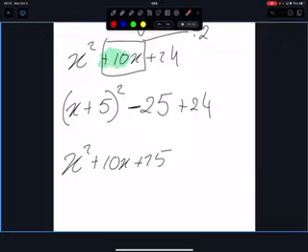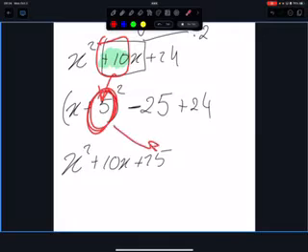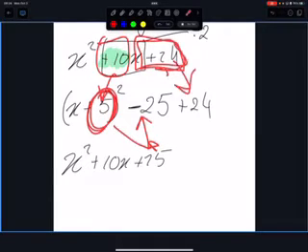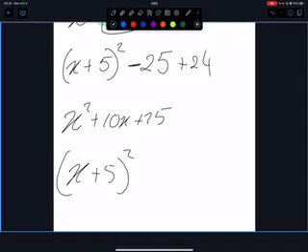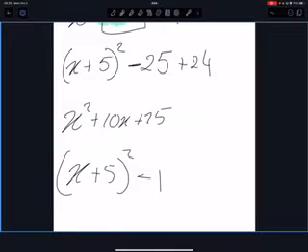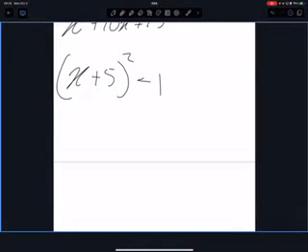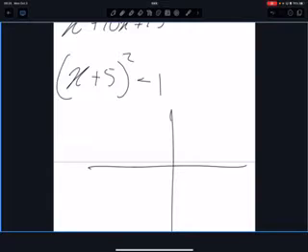They're all the same thing. Completing the square: divide by 2, subtract the squared, add the thing that is left. Bam. What does it become? x plus 5 squared minus 1. All right. So, I have my graph. My graph is something like this.